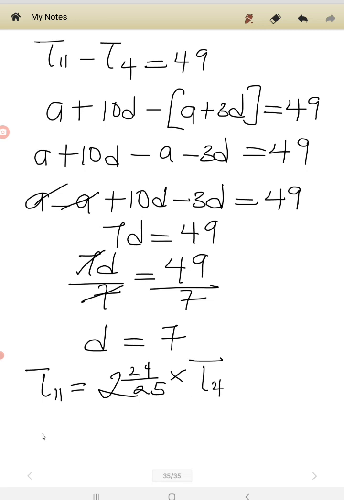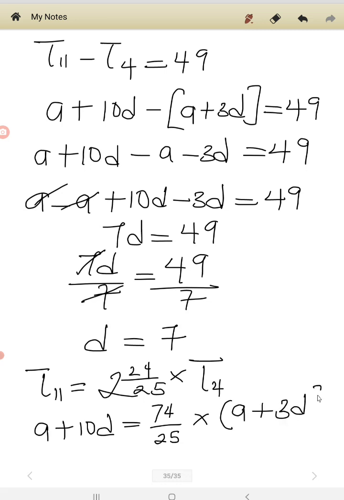So we now have T11 as A plus 10D. This is 2 times 25, making 50, plus 24, which is 74 over 25, times T4, which is A plus 3D.